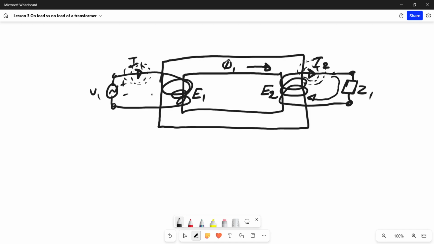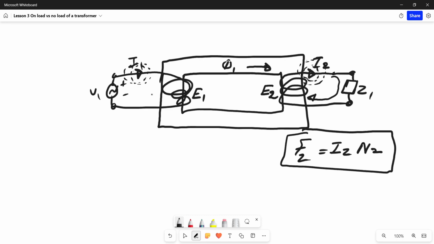The moment it flows through the turns, I2 will cause F2, where F2 is equal to I2 N2. This is the second magnetomotive force, caused due to I2.